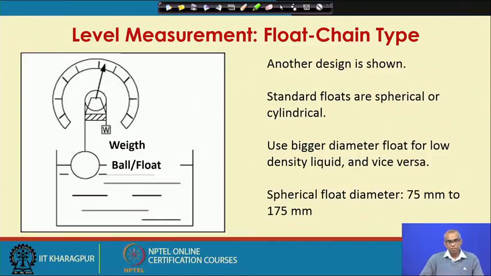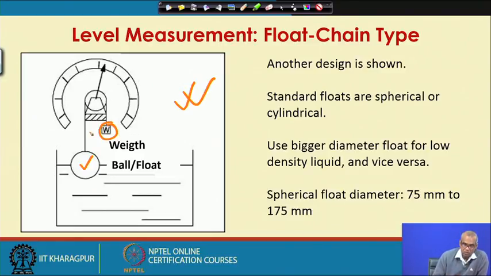As we mentioned, there are various designs available. So, this is another variation. Here this is the float, which is usually a spherical ball. This is the weight.